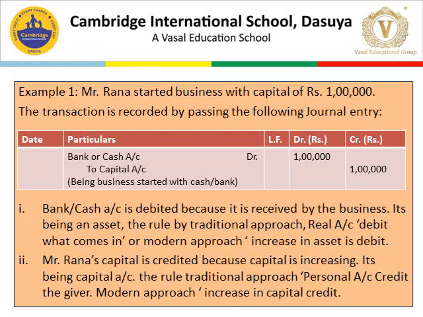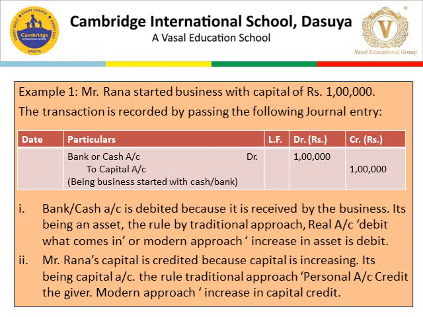The rule by traditional approach is the real accounts rule, that is debit what comes in. So cash is coming, we are writing debit what comes in. If you are applying modern approach, then bank and cash is an asset, so increase in asset is debit. Okay, so here we are clear why bank or cash is debited.